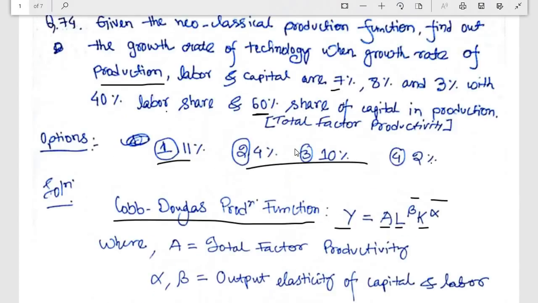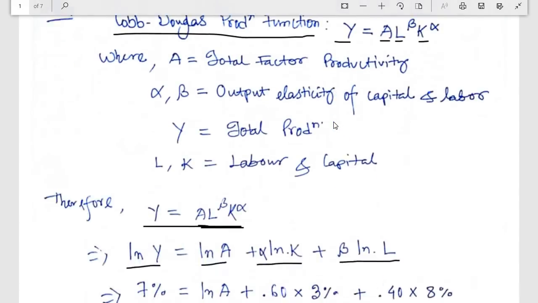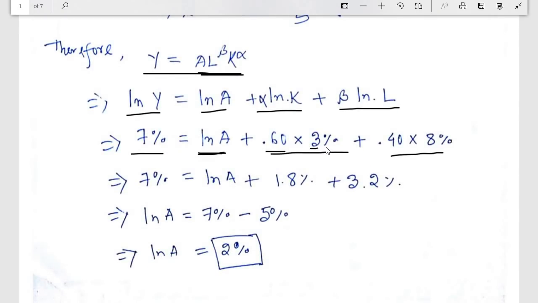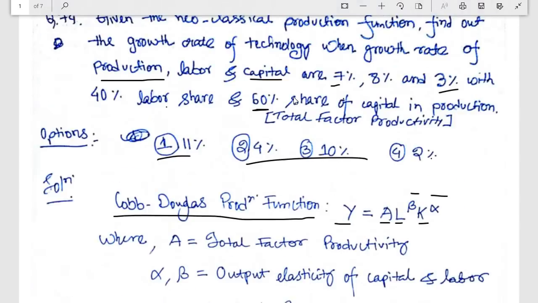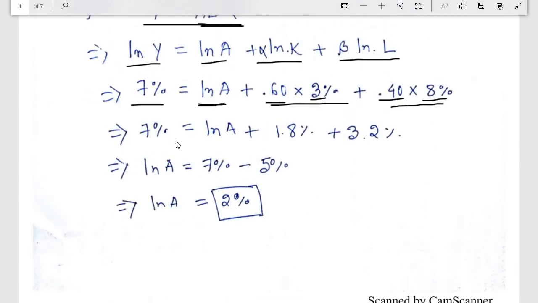Then the capital growth rate is given as 3%, so we put 3% here. Similarly, 40% is given for labor share, so it will become 0.40, and 8% is given as the labor growth rate, right? So I put 8% here.